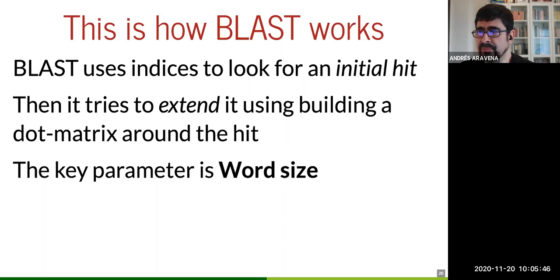Like if you have 1,000 letters and you say, at least 100 letters should be perfect, or at least 10 letters should be perfect. What is the minimum size of a word that should have a perfect match, so BLAST can start doing the matrix around that match? Okay.